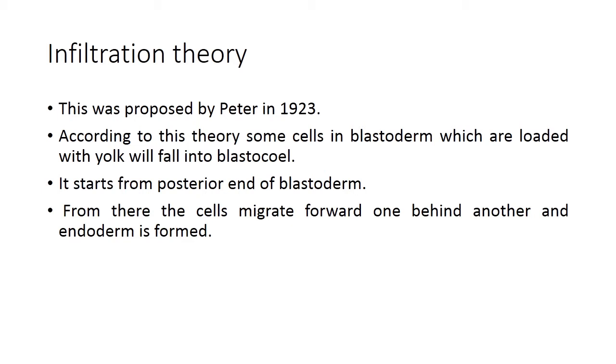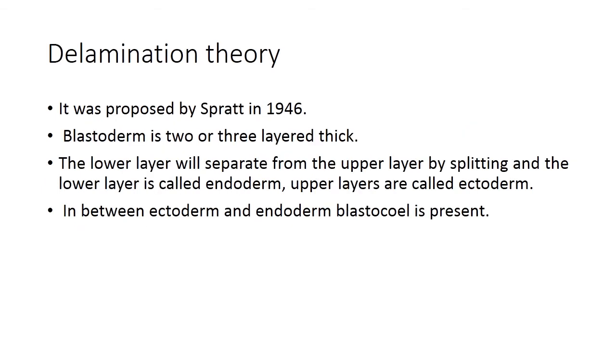It starts from the posterior end of the blastoderm. From there the cells migrate forward one behind another, and this results in the formation of an endoderm. Since the cells infiltrate cell by cell from the epiblast layer, it is known as infiltration.